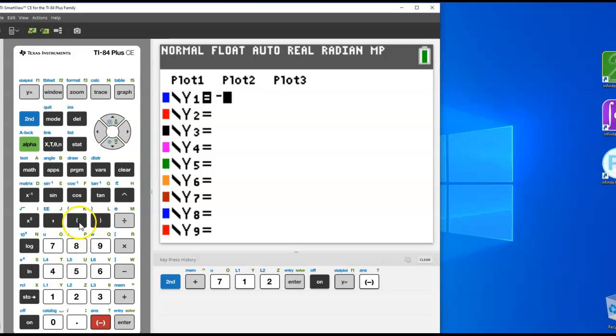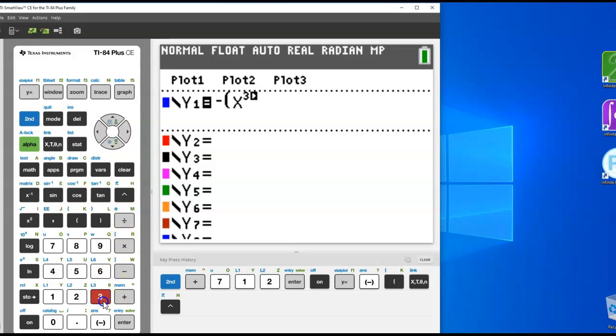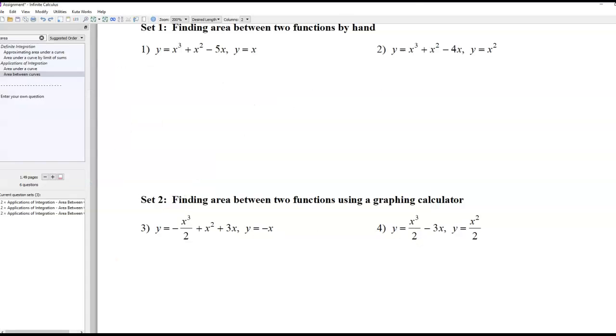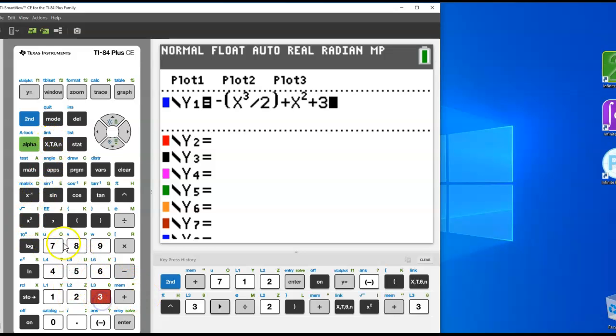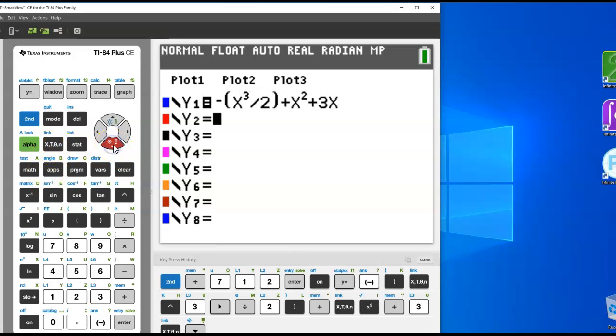And anytime you're doing a fraction, you put it in parentheses. It's going to be x to the power of 3 divided by, I think it was 3, wasn't it? Nope, it was 2. And then we have x squared plus 3x. So there's our first one that we're going to enter.